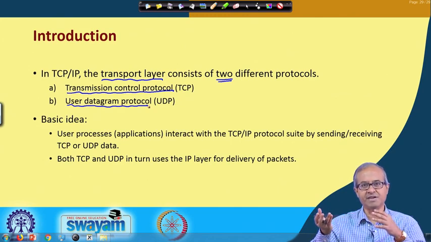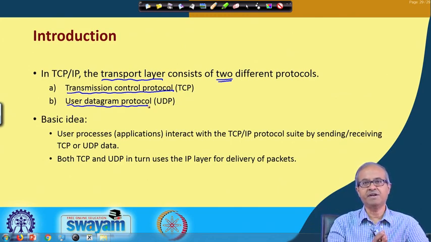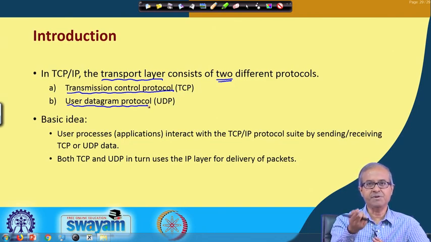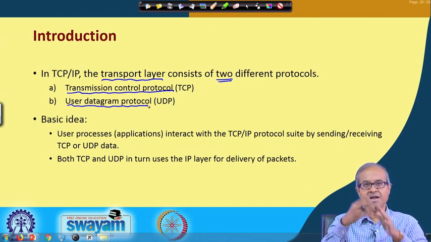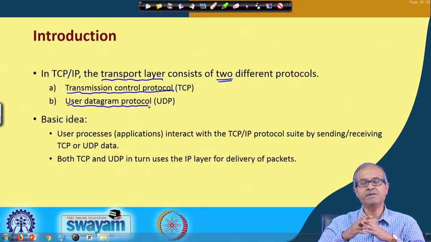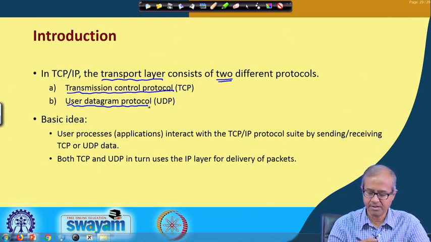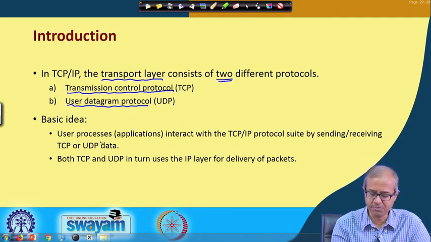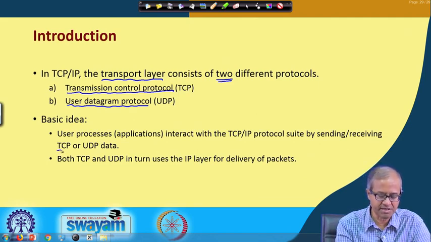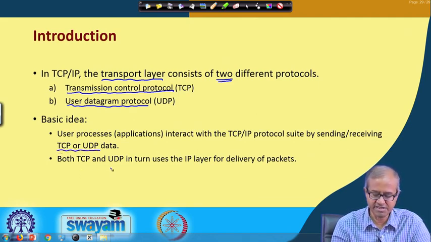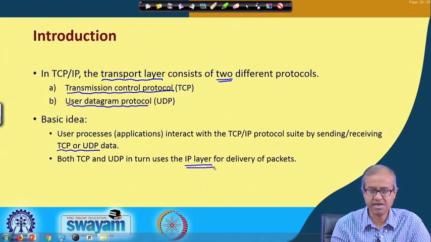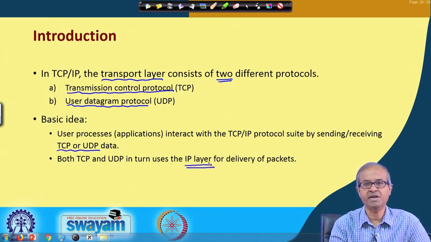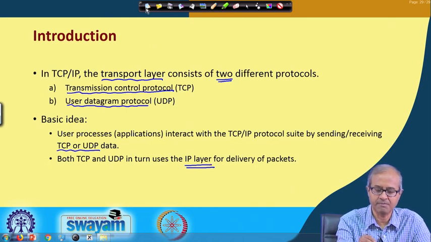Suppose I want to send data, I can give my data to TCP, TCP in turn will give it to IP, and IP will actually send or route the data via the data link layer which is below it. Okay. This is how it works. The user process will interact with either TCP or UDP, and TCP and UDP will be using the IP layer which is below it at the network layer level.